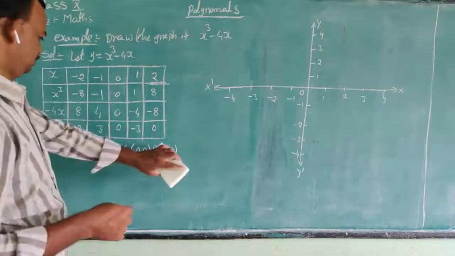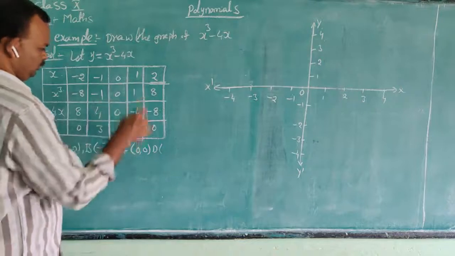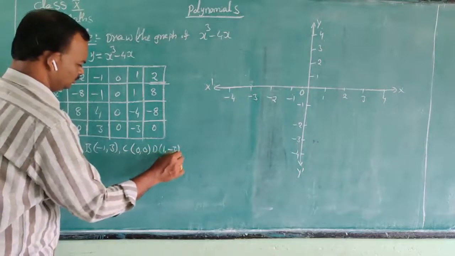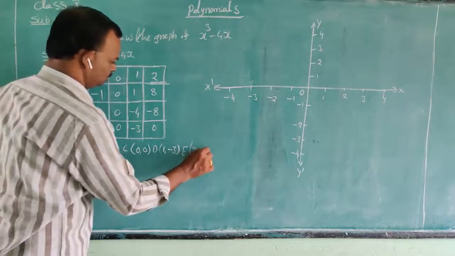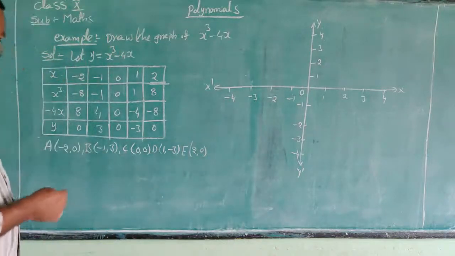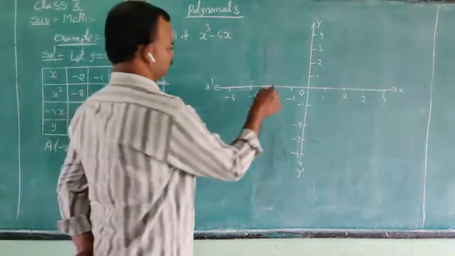First, A, minus 2 comma 0: x value is minus 2 and y value is 0.